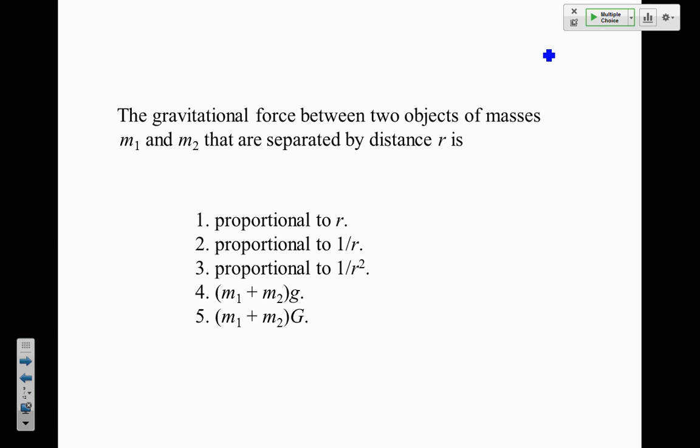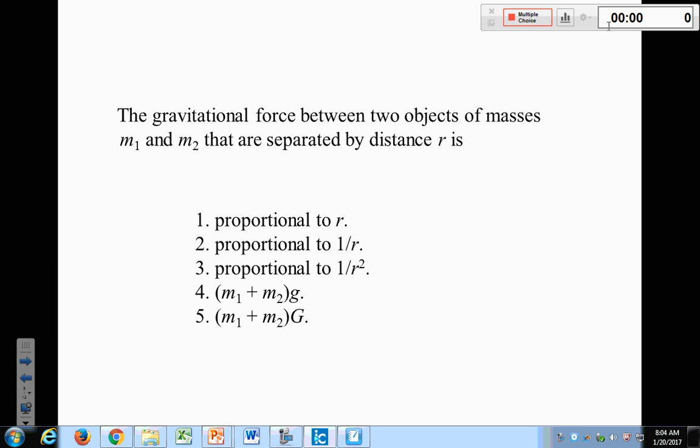The gravitational force between two objects separated by a distance r is which of these? If you're uncertain, ask your neighbor.